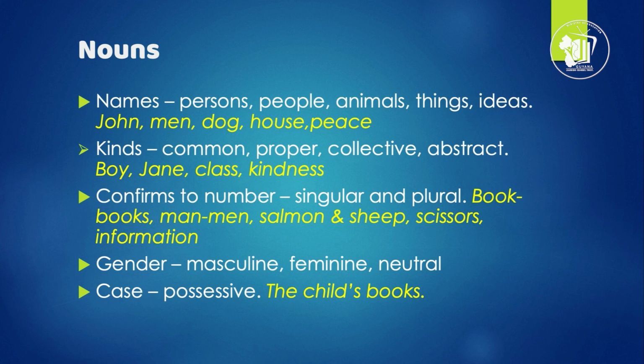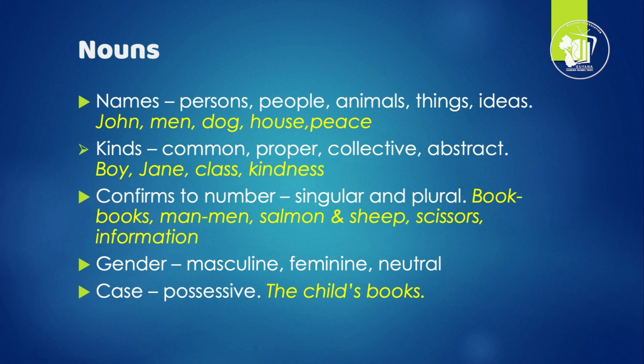Then we have nouns, which conform to number. And so when we talk about number, we talk about singular and plural. And our examples show book, books, man, men, salmon, and sheep. And with salmon and sheep, we can see that these are the irregular ones.